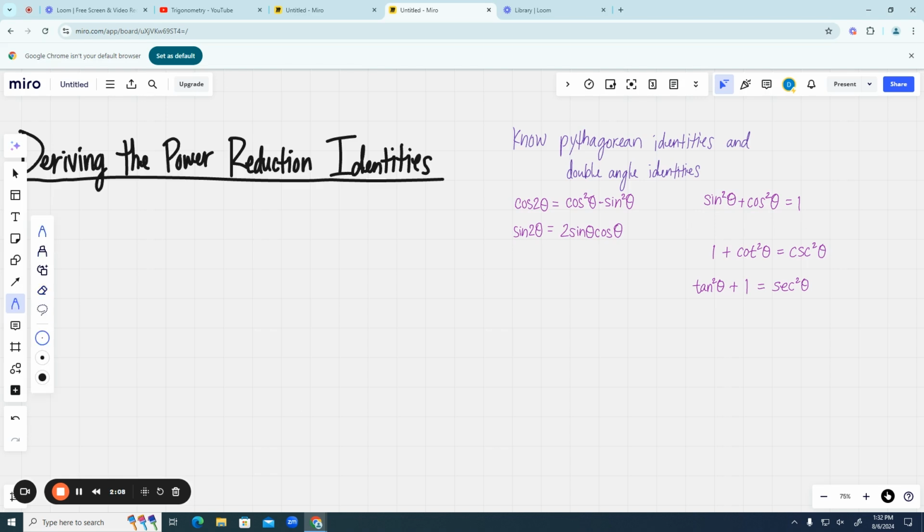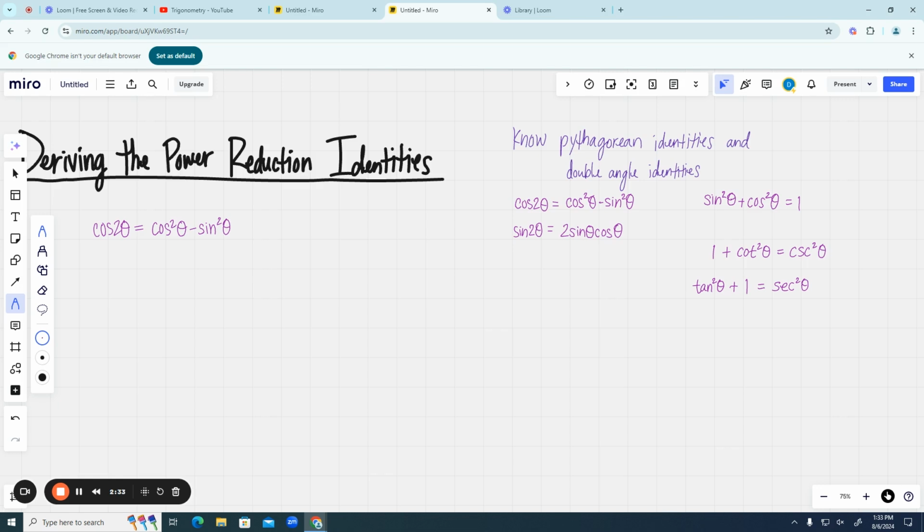To figure out the power reducing identities, I'm going to start with the double angle identity. I'll start with the cosine one. Cosine 2 theta equals cosine squared theta minus sine squared theta.